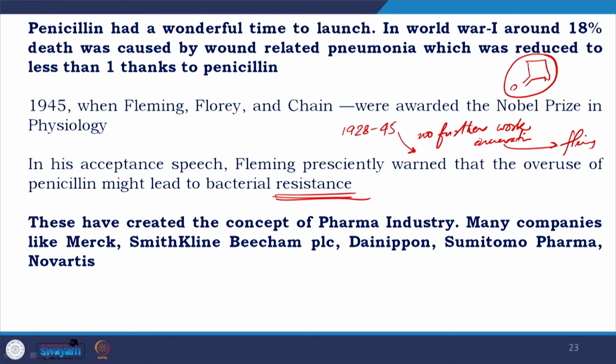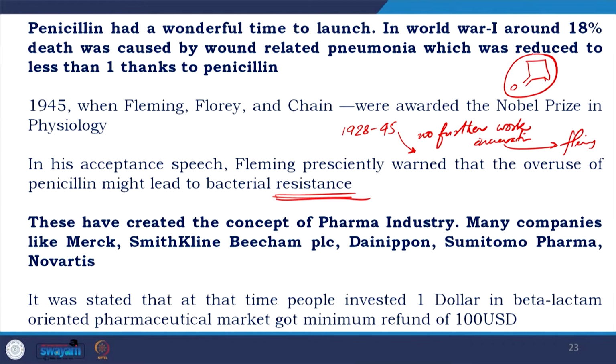A lot of companies which probably you all have heard about, Merck, SmithKline Beecham, Dainippon, Sumitomo Pharma, Novartis, all of them started with a derivative of penicillin. So, you see all the famous companies, you go back, you see that they started with a patent on a beta lactam. It would not be an exaggeration to say that the concept of the pharmaceutical industry started with the innovation of penicillin.